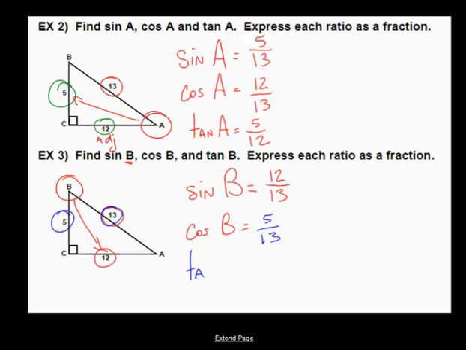And for our tangent, that's where we use the opposite and the adjacent. So the opposite is 12, the adjacent is 5.